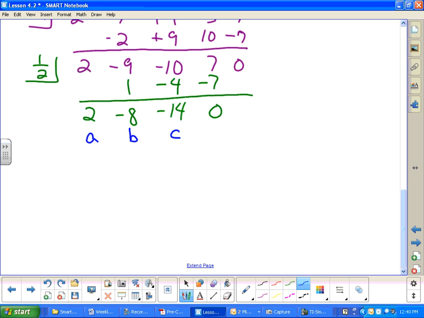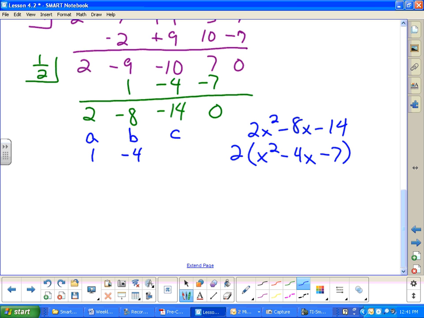So I could cut them in half first, because remember, this means 2x squared minus 8x minus 14. I'd much rather work with x squared minus 4x minus 7. So if these numbers are ever a multiple of anything, you can factor out whatever that multiple is and then use those numbers. So now I'm going to use 1, -4, and -7 for A, B, and C instead.